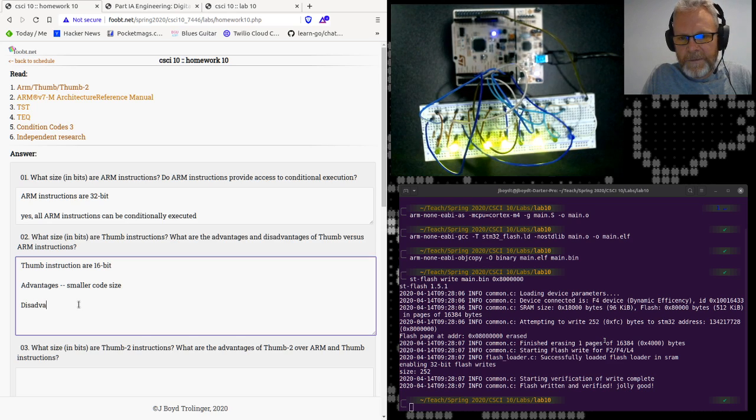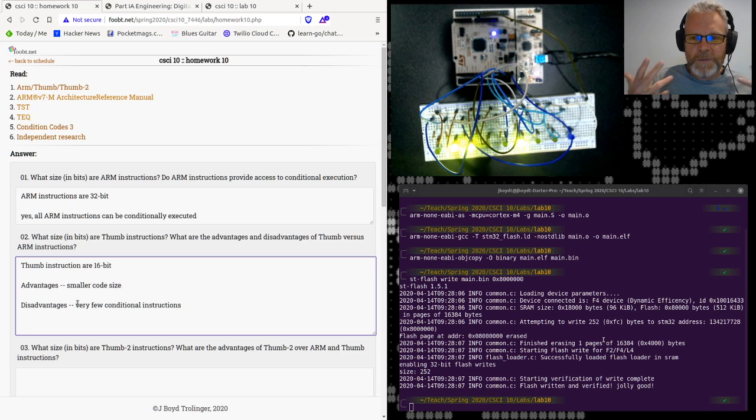Disadvantages. Thumb has very few conditional instructions, which means that the assembly programmer doesn't have the convenience of those really cool if-then and if-then-else constructs. You have to write a lot more code, basically, to do logic.